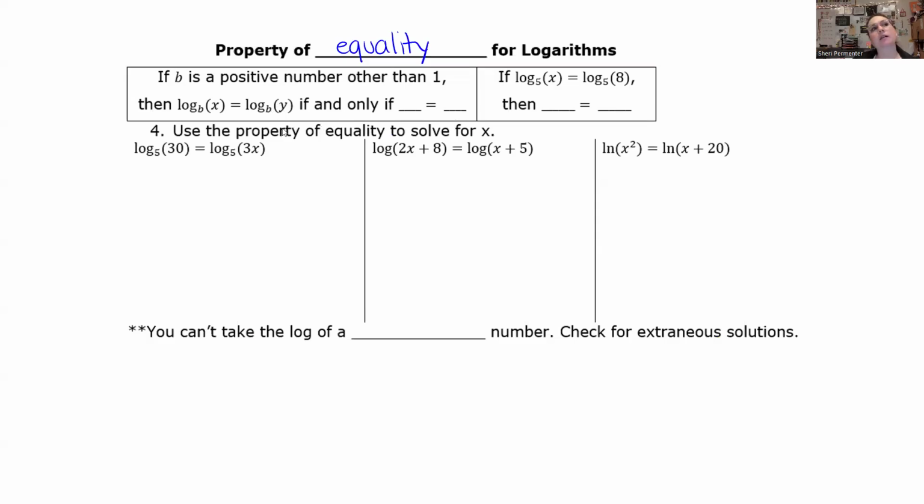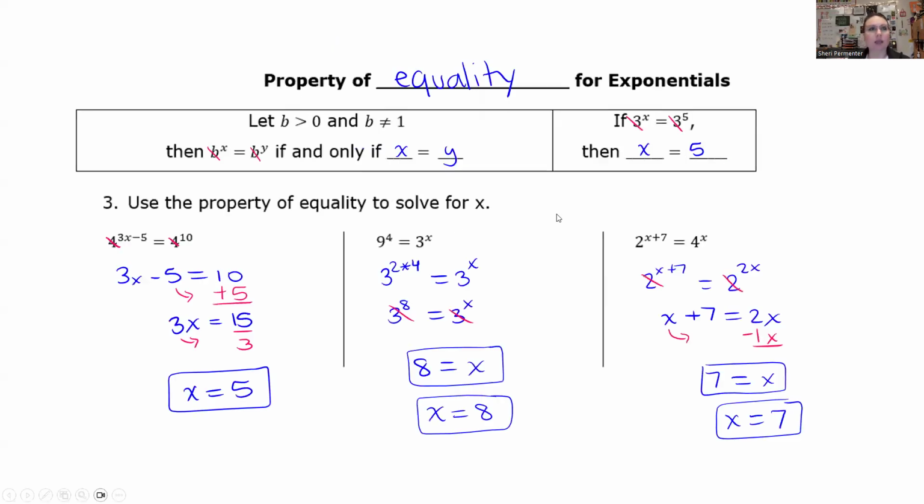What do you think? x equals y. And this works because if your log bases match each other, same thing happens with exponentials. If the base equals the base, you can mark them out. And this only works if it's log equals log. Can't have anything else.